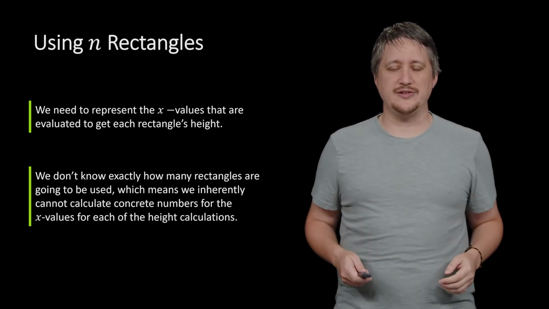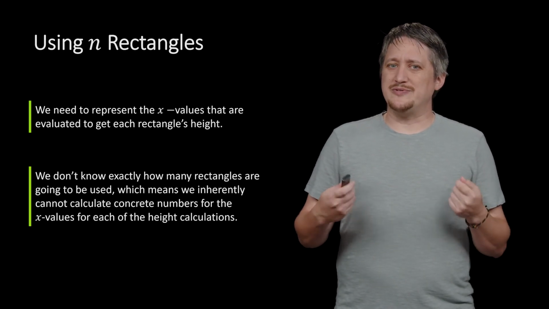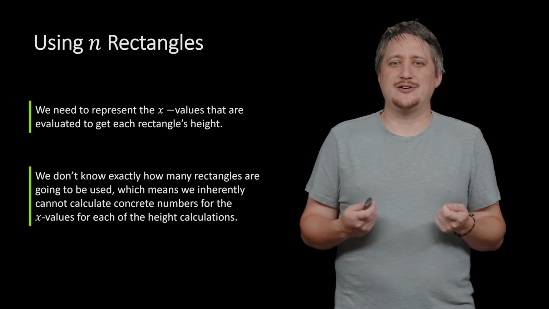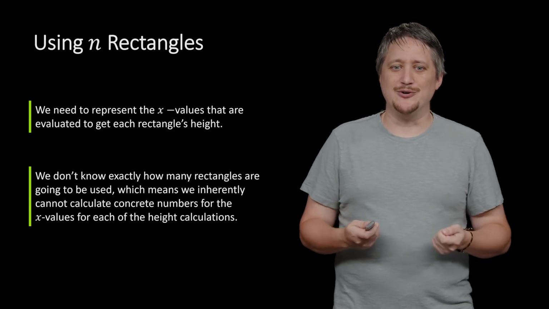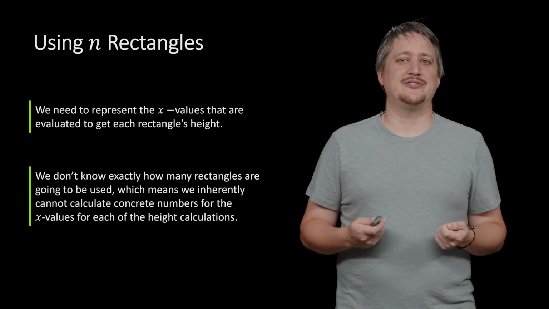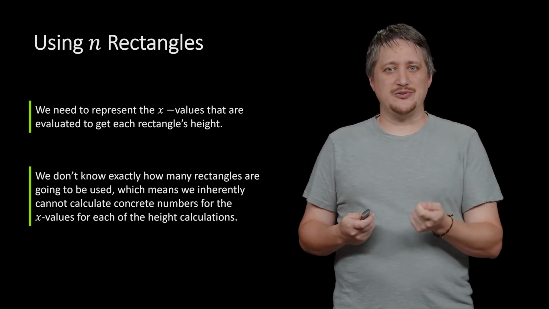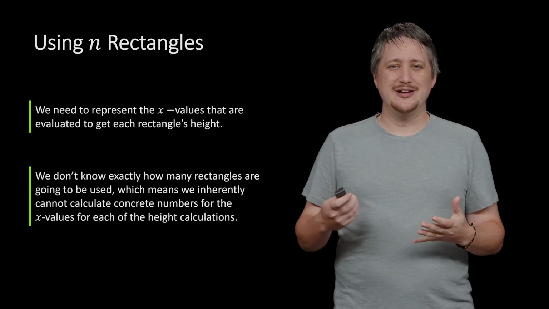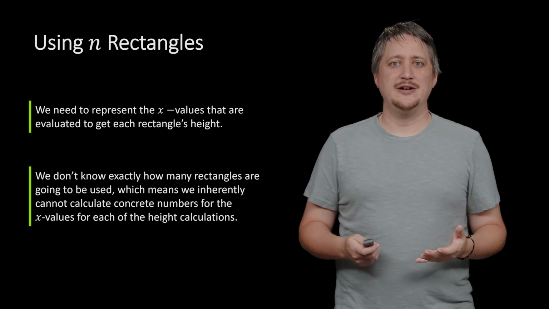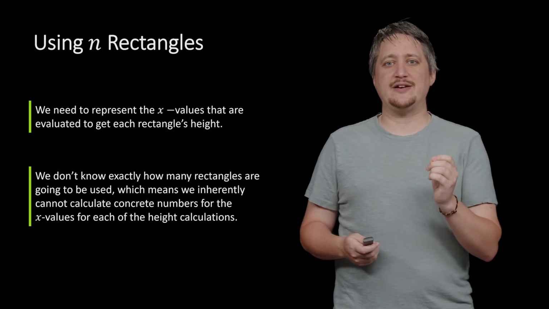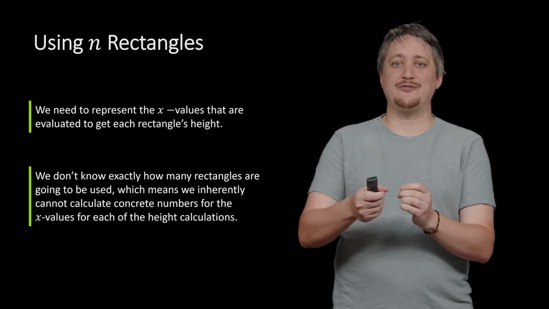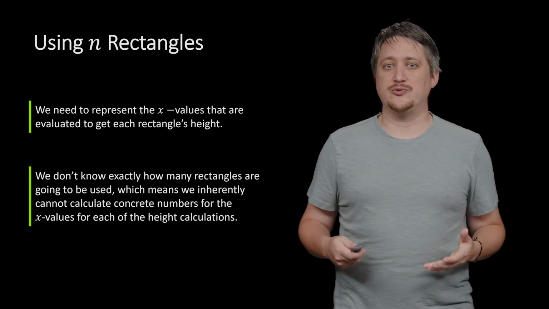Some n number of these things, which means that inherently we are not able to write down concrete numbers that represent the x values that we want to use. We have to find some other way of pulling out which x values we want to use to apply f to get the height of each of those rectangles.